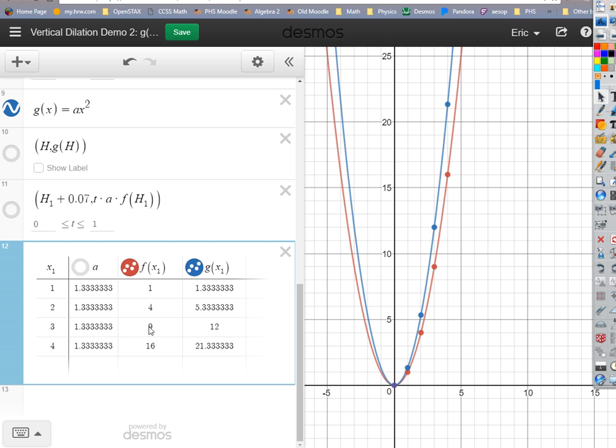But 9 works great because 9 times 4/3 is 12, right? So that would be a great point for us to use. Or we'll pick a horizontal distance of 3. We go over by 3, and instead of going up 9, we're going to go up 4/3 times 9, which is 12. Okay, make sense?